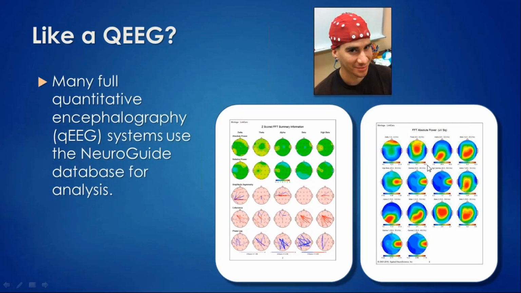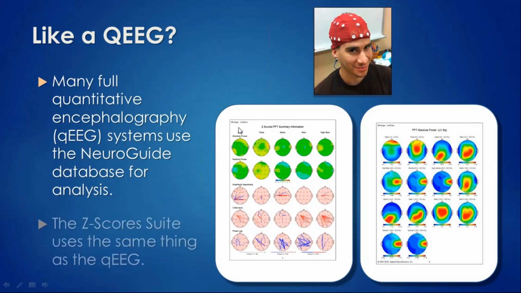And this might be an example of results that you may be used to seeing if you look at reference material or attend other workshops, presentations by other individuals. The Z-Score suite is essentially a mini QEEG. We get access to the exact same statistics, but instead of being all 19 sites at once, it's just 2 or 4, depending on what equipment you have. And so it really is access to the same stats that are available.